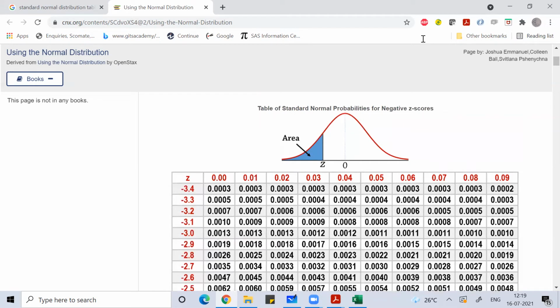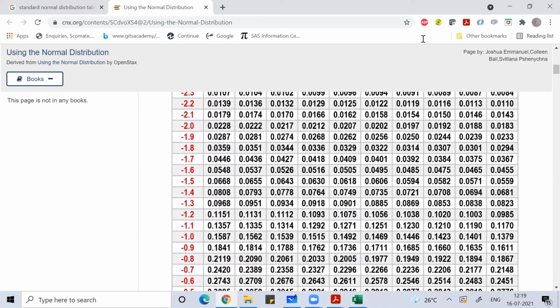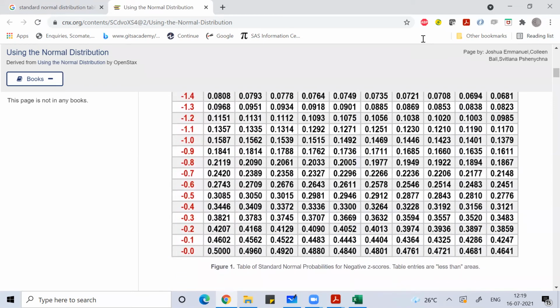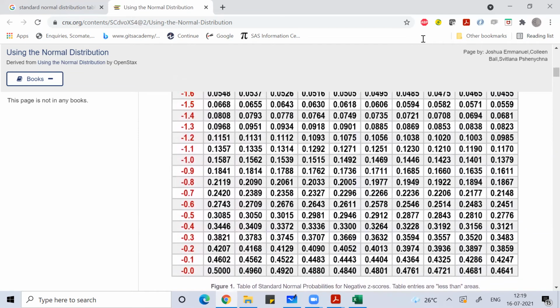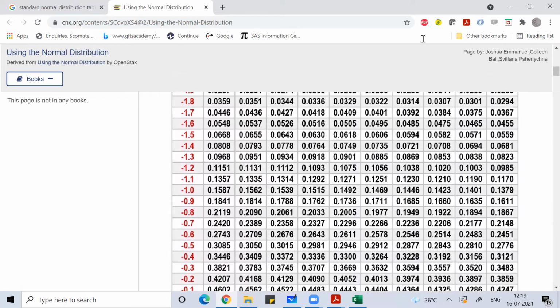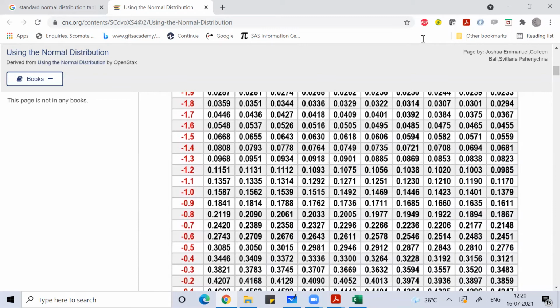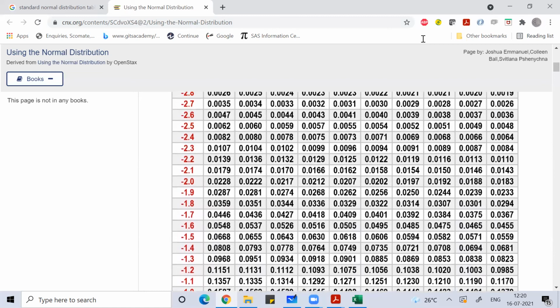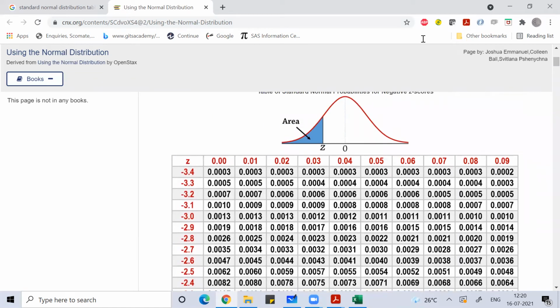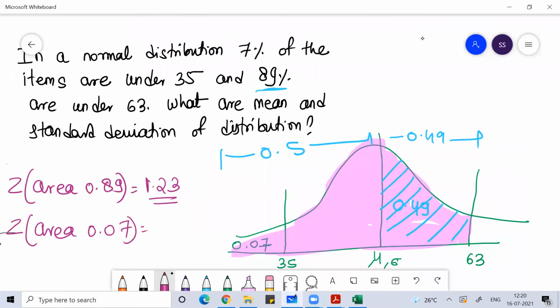Here, if I look at the value 0.07, you can see the area corresponding to the value 0.07. So it is better, in case of confusion, to see this as 0.07.